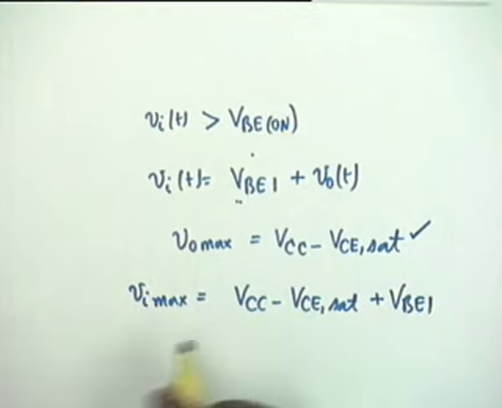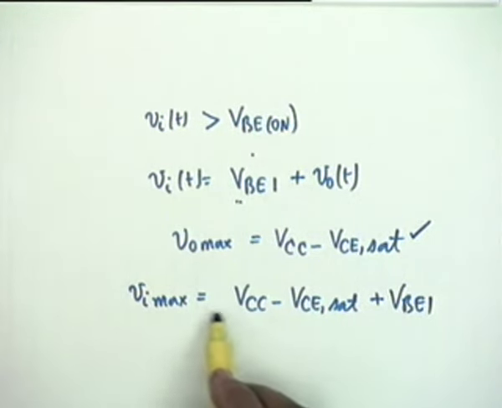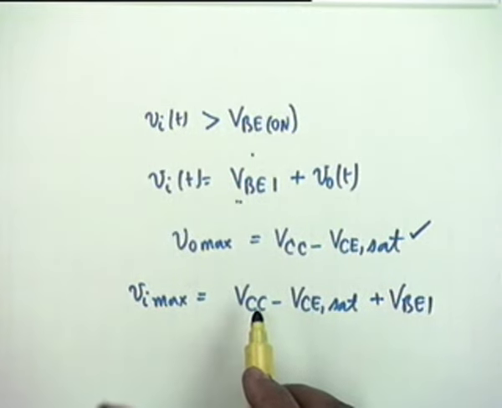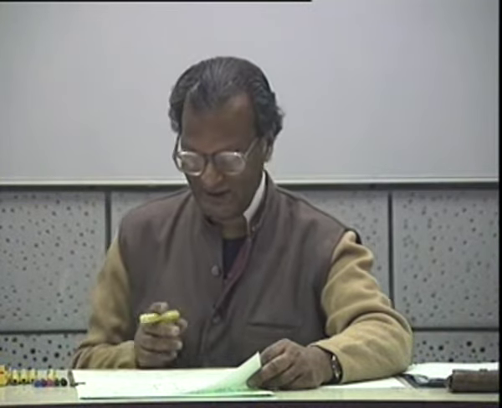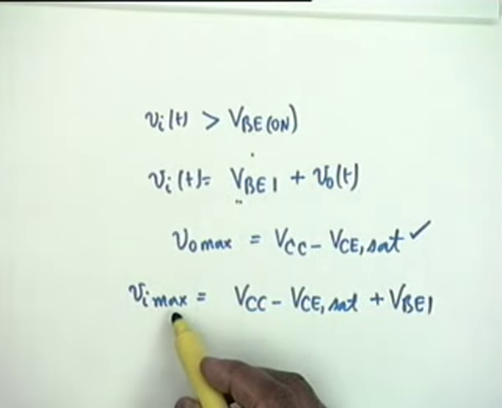Now, what is this value? Is it greater than V_CC or less than V_CC? Greater than V_CC, and V_CC usually is plus minus 15. We hardly ever require a 15 volt signal at the input, and therefore V_i max is limited to a value less than V_CC. In other words, the transistor Q1 should not be allowed to go into saturation.